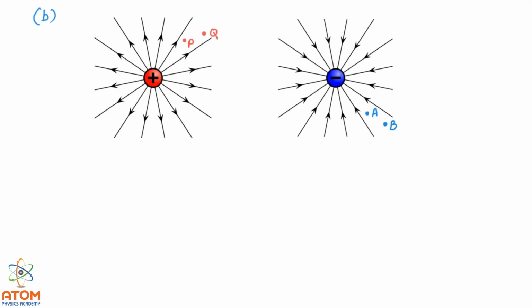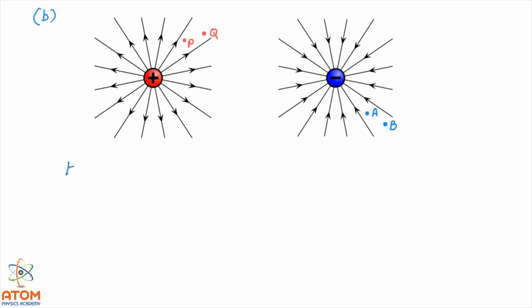Now it's very simple as per the definition of potential energy. The point where the attraction is more will always have lower potential energy, and the point having less attraction will have comparatively larger potential energy. So in this case, point P will have a lower potential energy.